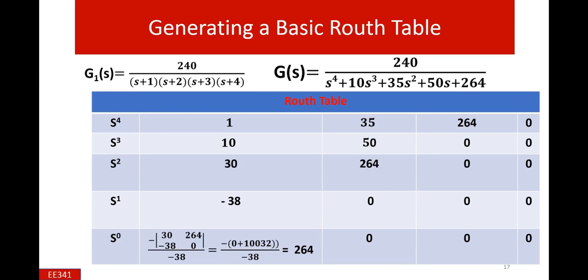So 0 multiplied by 30 is 0, and with the minus sign, 264 multiplied by 38 is 10032. After scaling with minus 38, the value is 64. So all next components of the row will be 0.